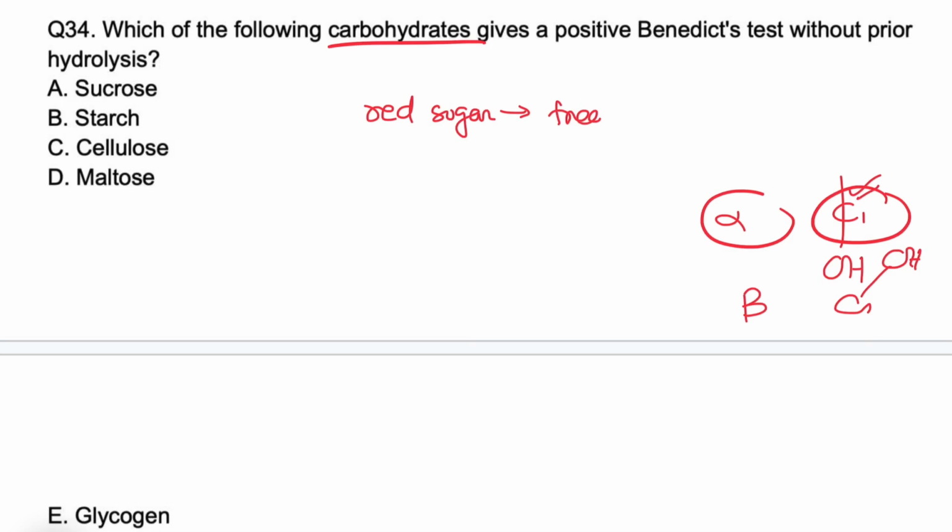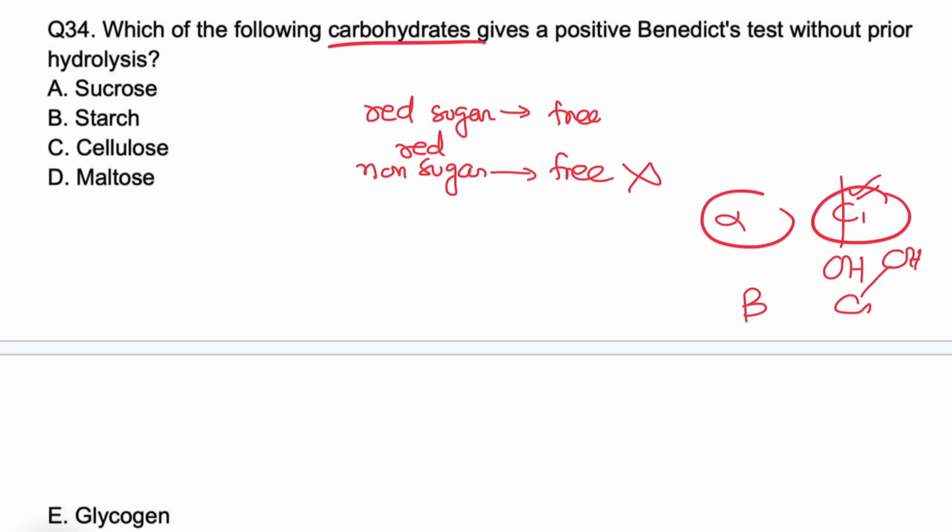Now, reducing sugars are those which have a free anomeric carbon, a free functional group or free hand. And non-reducing sugars are those which don't have any free anomeric carbon or any free functional group.